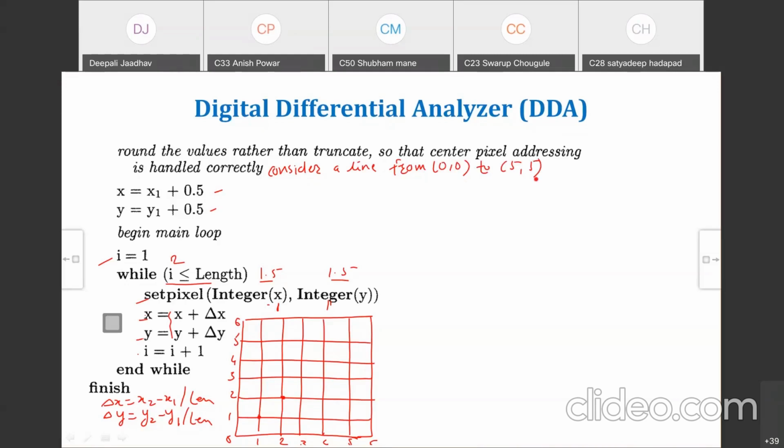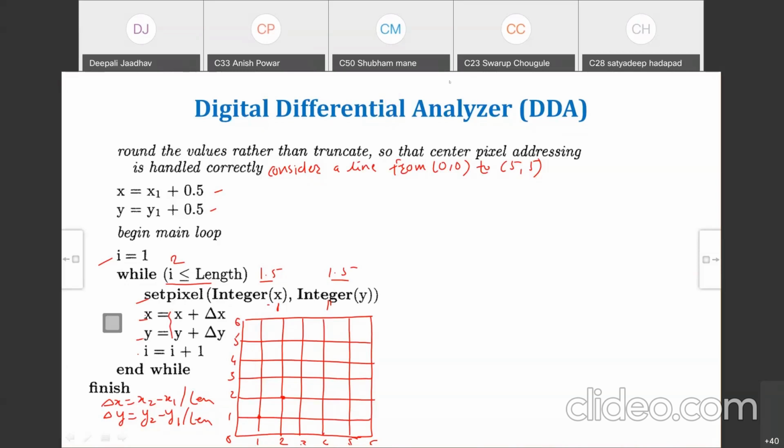So use the simple DDA to rasterize this line, evaluating the steps in the algorithm. So for this line 0, 0 to 5, 5, using the DDA algorithm, we are going to find out the values.